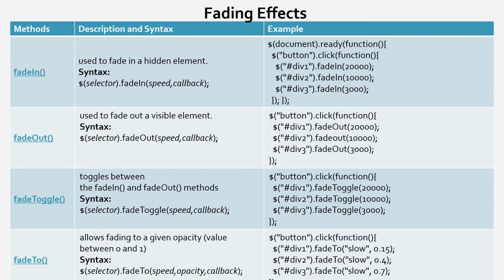Just for understanding, let's consider an example. Assume that we have different boxes and we need to display them with the different fade variations.